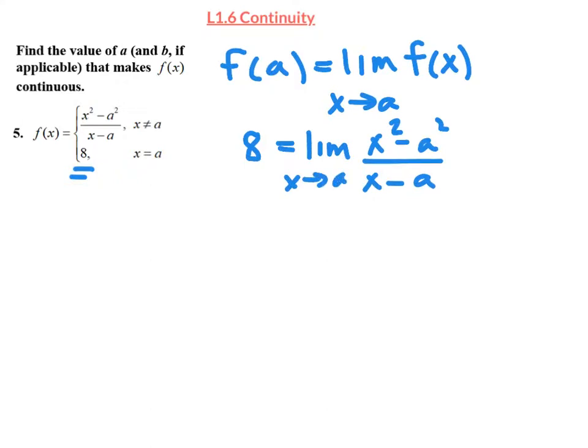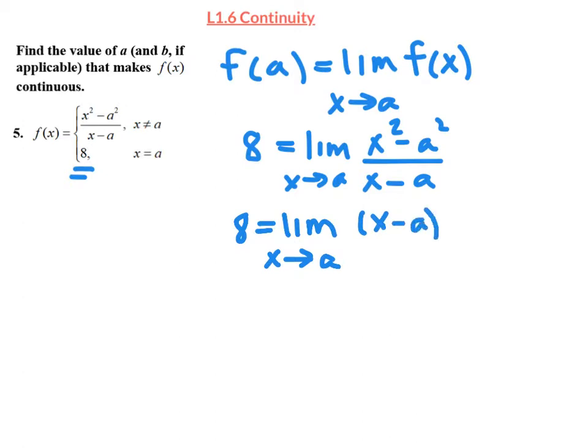Now, to evaluate a limit, you would plug in the a, but we have a problem. If you plug in a, you get 0 over 0, which is that indeterminate form. So again, we would go through the simplifying process. Notice I'm still carrying the language of the limit with me.